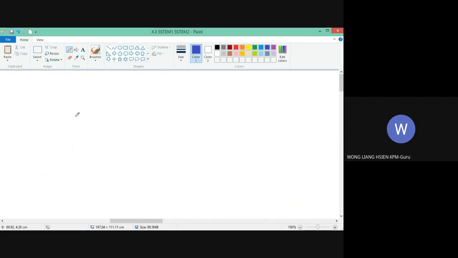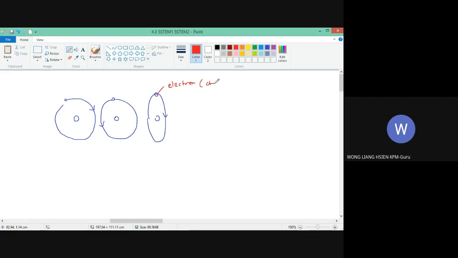Inside the iron core, there are atoms. Okay, these are atoms of the iron. We have electrons orbiting around the iron atoms. Some orbit in this direction, some in this direction, some like this, all in different directions randomly. Electrons have charge, right?